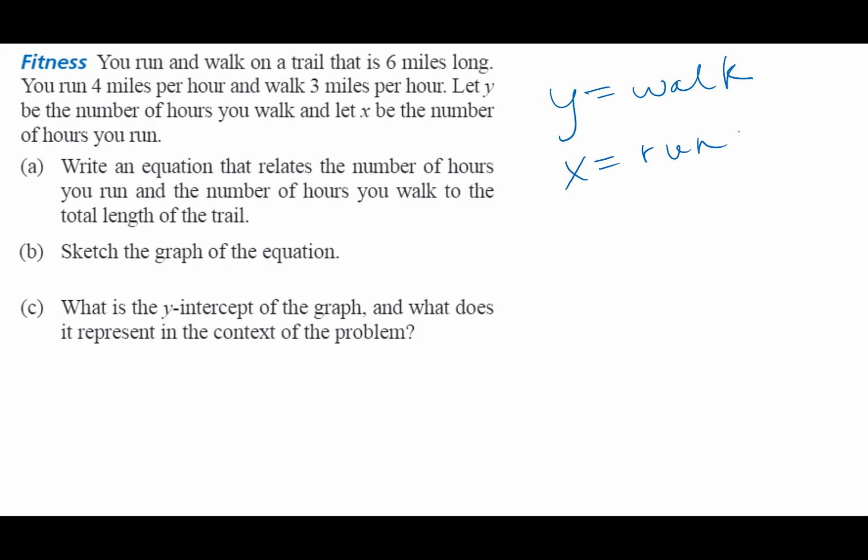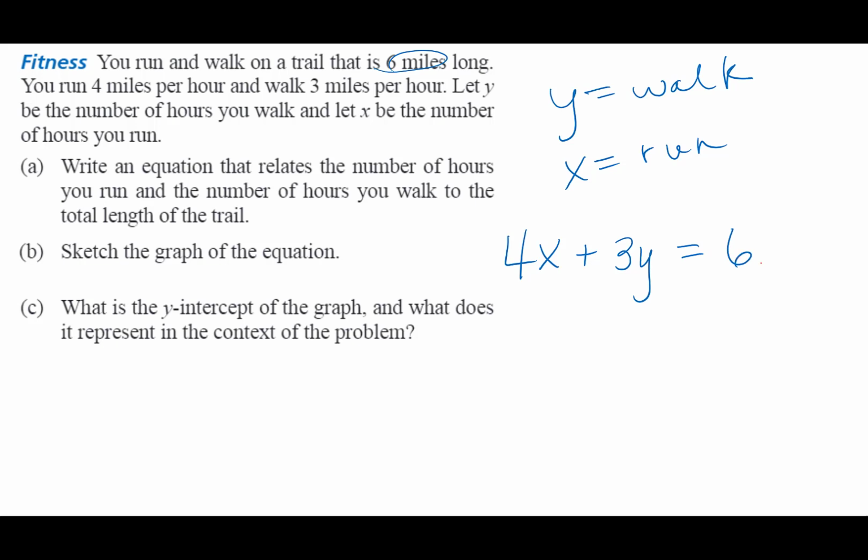So if you go back up, it says the total is 6 miles, so we're going to have an equation that equals 6. And then it says you run 4 miles per hour, so we're going to say 4 times x, plus you walk 3 miles per hour, so we'll say 3y equals a total of 6 miles. So that's your equation.